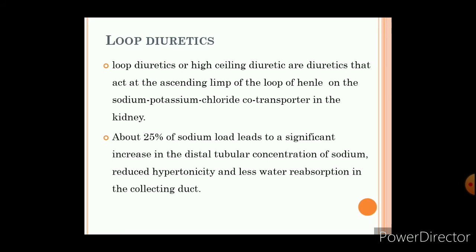About 25% of sodium is loaded, leading to a significant increase in the distal tubular concentration of sodium, reducing hypertonicity and causing less water reabsorption in the collecting duct.